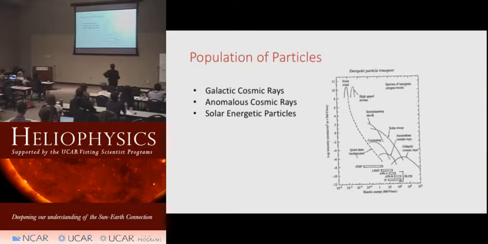So at high energy, you're going to get to GeV, a little bit less, you have the galactic cosmic rays. And at a little bit less energy, the anomalous cosmic rays. And then you have the intensity of particles that come from a solar event, from a shock that propagated in the interplanetary space.